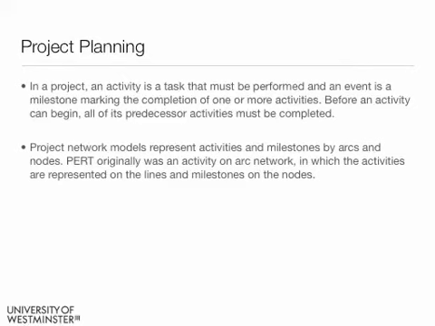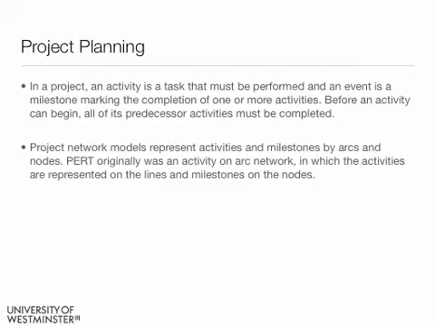Activity or PERT diagrams come in two flavours: activity on arc and activity on node. Activity on arc is quite basic, and within the textbook you'll find some examples of activity on arc.